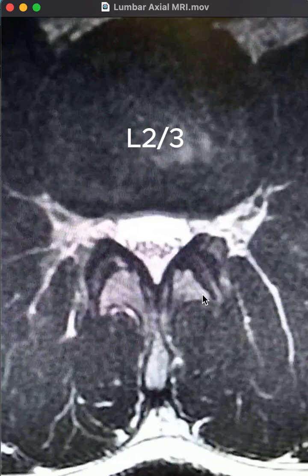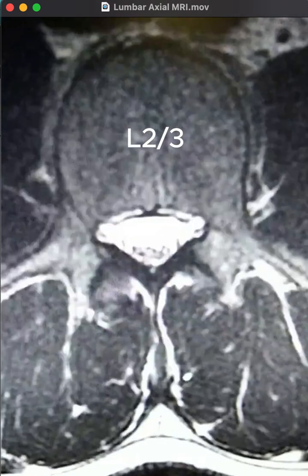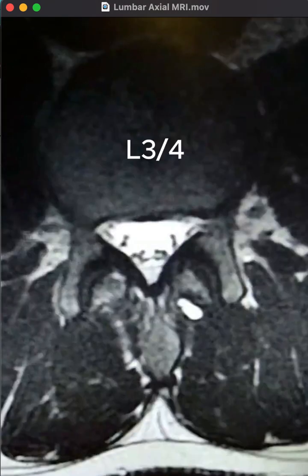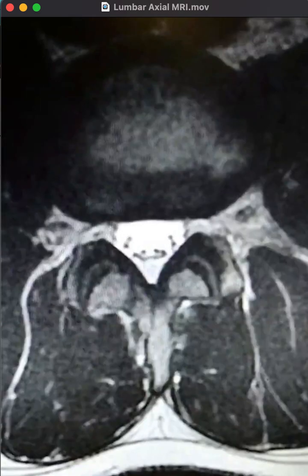Now, the facet joints here, again, they start to look a little bit different. This dark structure here is the thickening of the joint capsule in addition to the ligamentum flavum. I want you to pay attention to the shape of these joints because they do make a difference sometimes. Typically, at least in my opinion, facet joints are a very common cause of low back pain.